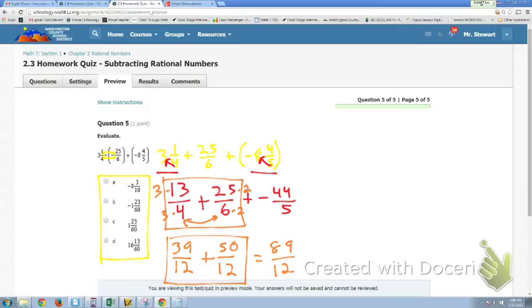So it's going to be 7 and a couple of twelfths. And in fact, 84, 5, 6, 7, 8, 9. So it would be 7 and 5 twelfths, which isn't a big deal. 7 and 5 twelfths. That's totally manageable. Now, all we have to do is add a negative 44/5 to this.